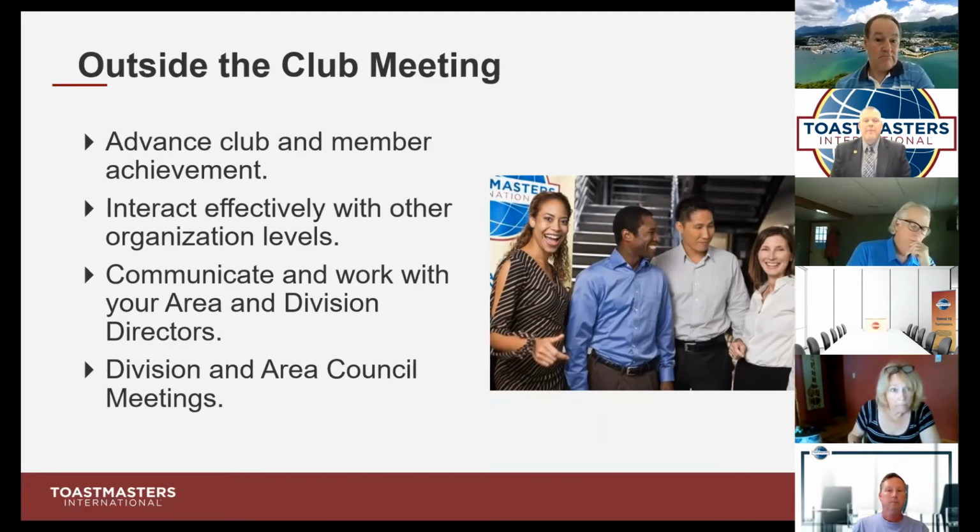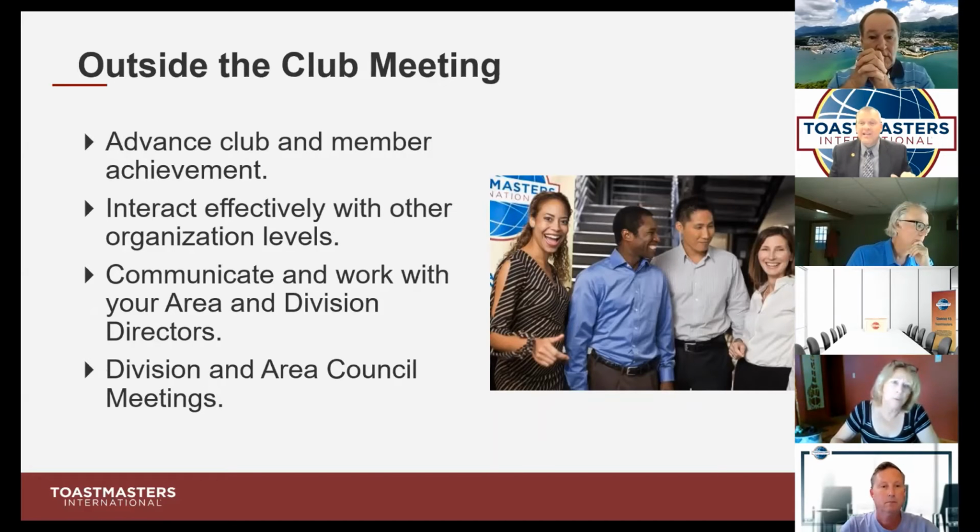We'll advance club and member achievement. We're going to interact effectively with others. This is a big one. I mentioned this in the main session early this morning. That seems like days ago. Communicate and work with your area and division directors. I love the fact that our district leadership team is out in each of these breakout rooms today, training and working with our incoming officers.